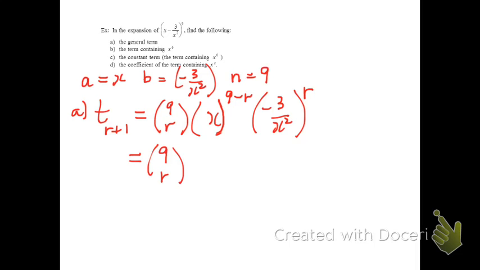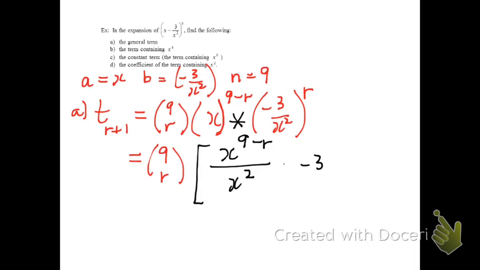So since this is multiplication, I can rearrange this, if you will, or treat it as a great big division question. So this is like, I'll write it out here so you can see, x to the power of 9 minus r, and that's all over x squared, times negative 3.